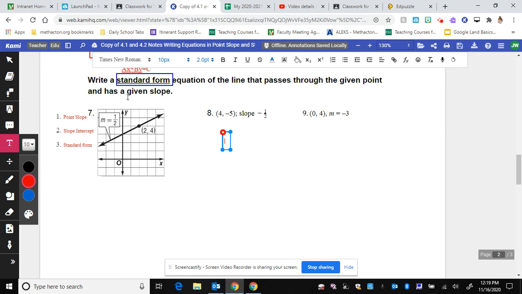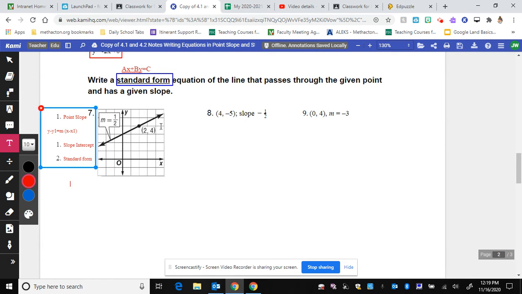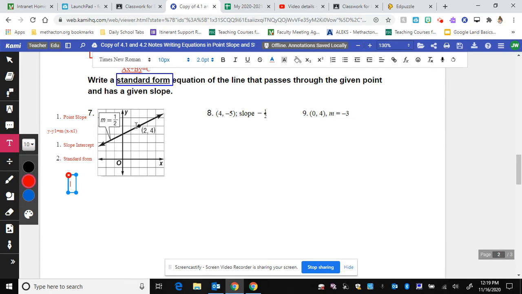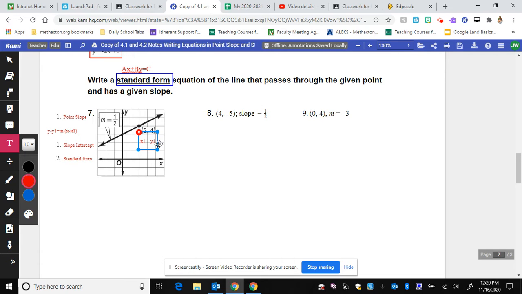So if I'm talking about step 1 first, that means I have, let me see if I can add these in here, y minus y1 equals m times x minus x1. Okay, so that is your point slope. So in order to do that, I have my m right here. I have my point. They gave it to you, and you know that if I am labeling a point, first one is x, second one is y.